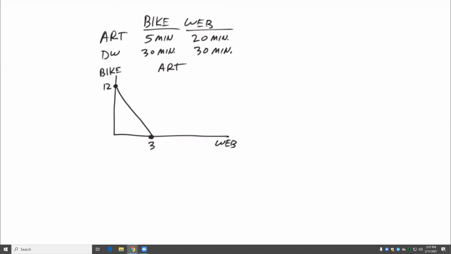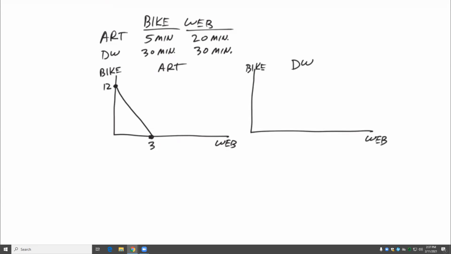Well, how about DW? DW can produce a bike repair in 30 minutes. Got bikes on this axis again, just like with Arthur.